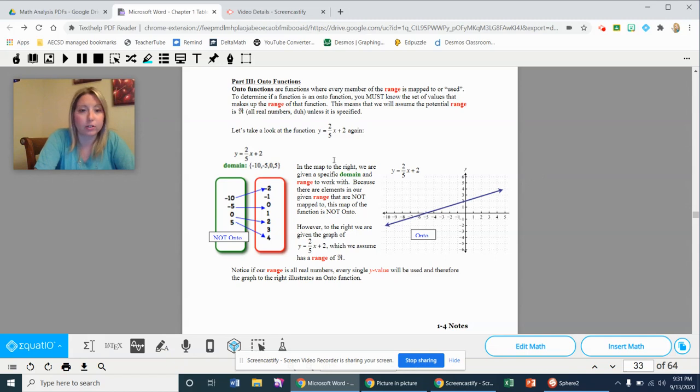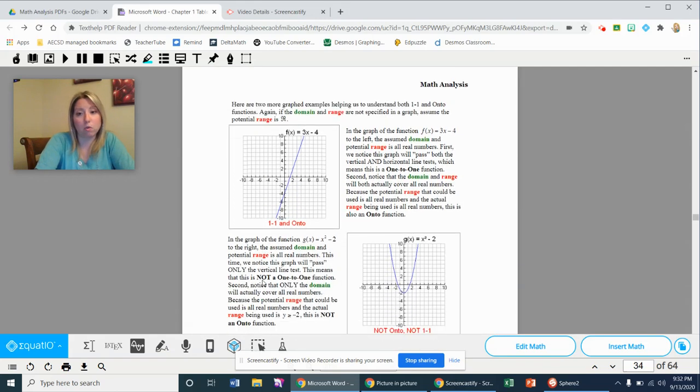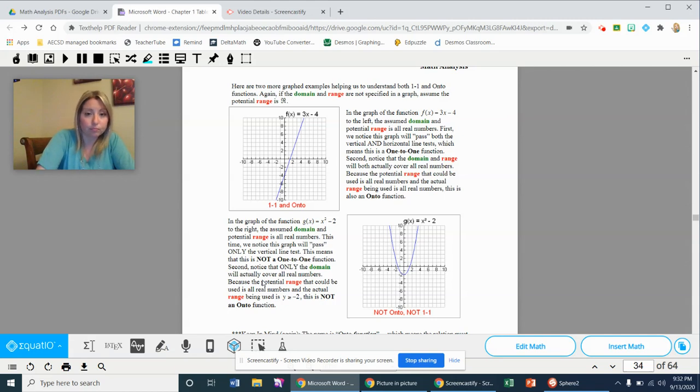I'm going in both directions. Over here, where I'm picking specific domains, notice there are range values not being used. If you can see that there are specific range values that you should be using and you're not, that is not onto. Most of our graphs are one to one and onto.